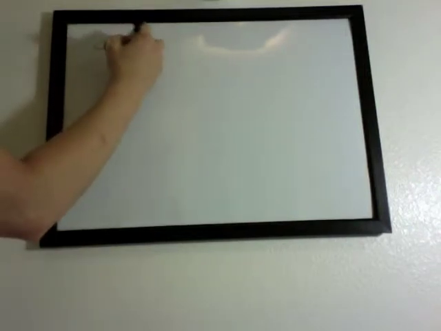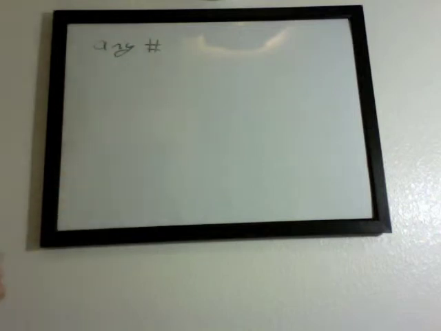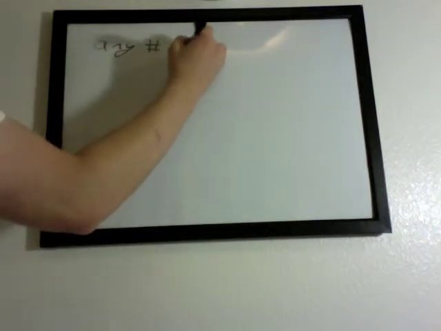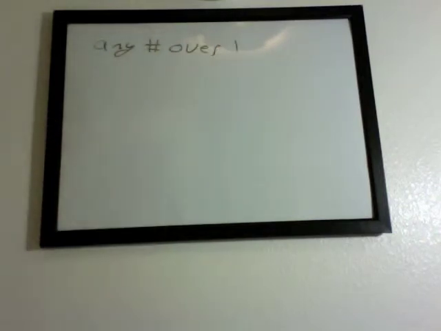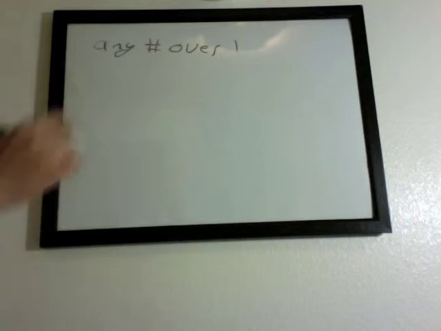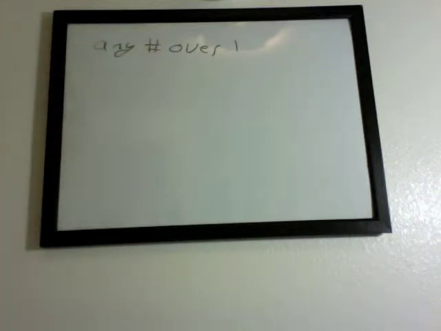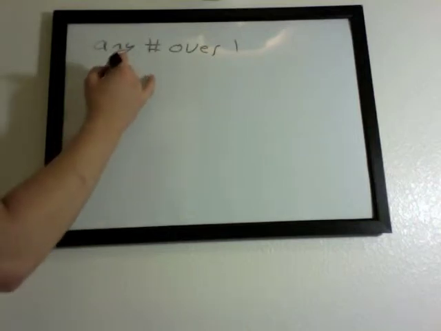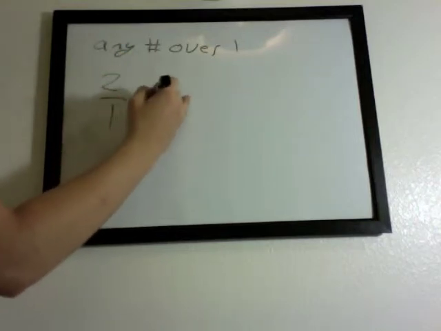As we continue with this, we can have a couple more rules. Any number over 1 can be written as a fraction, and any number over 1 will equal itself. For example, 2 over 1 is 2.